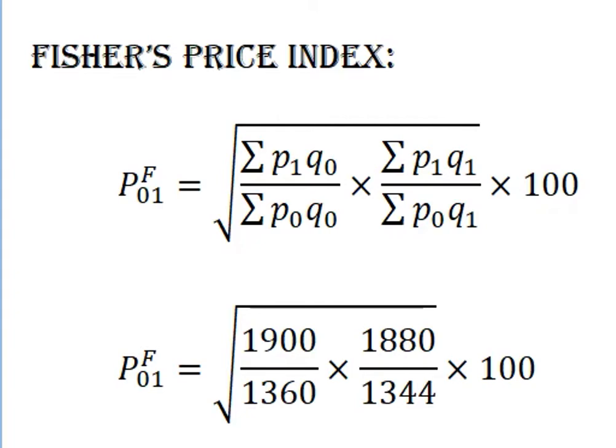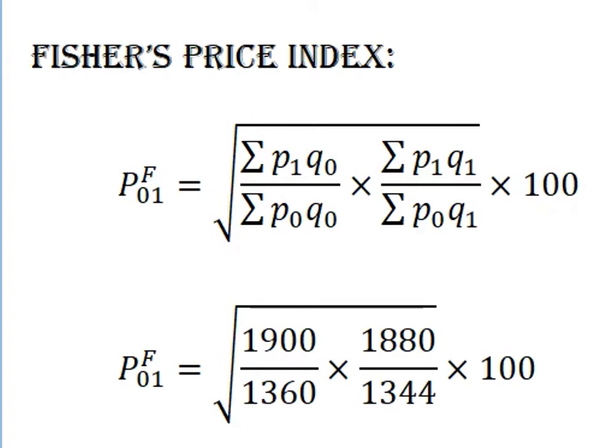Then take a square root of that using your calculator. So how much you will get? You will get 1.398. Okay, you will get many values. I have rounded off to 3 digits after decimal point.